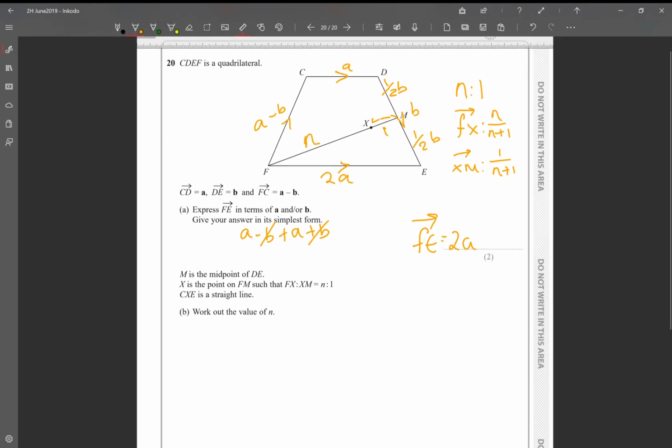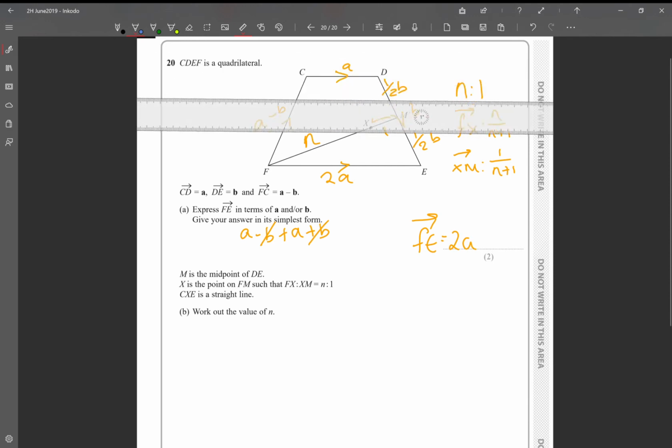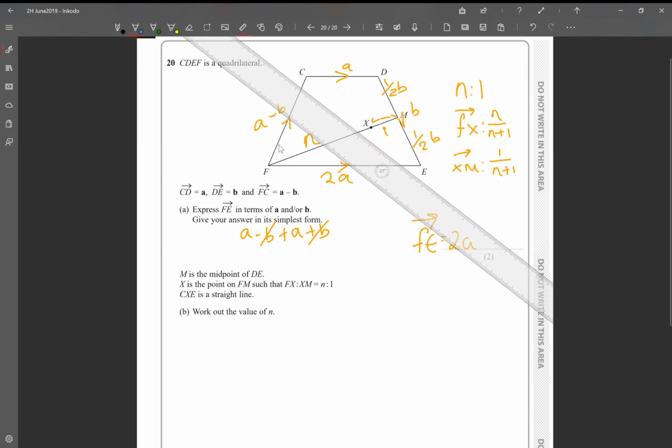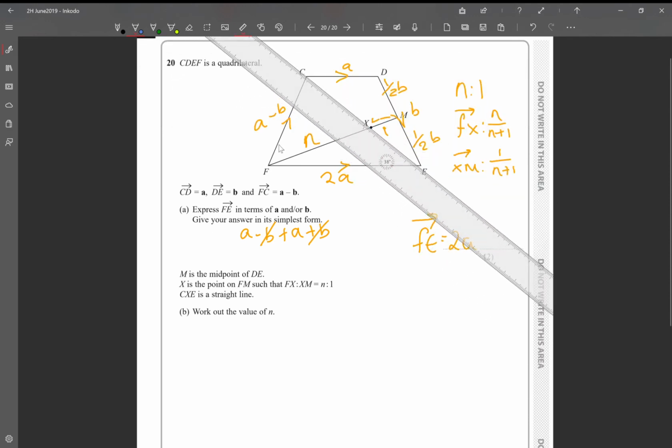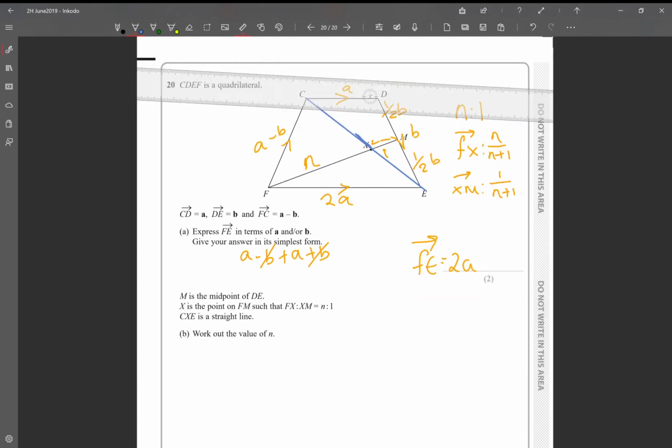All right, let's grab our ruler. So C to E is a straight line, and X is on its way to that. Now, what we know about straight lines is that they are multiples. So for example, C to X will be a multiple of C to E, one way or another.